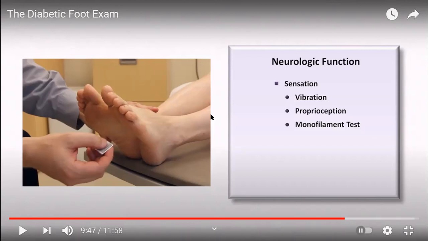They are associated because they both affect a similar population and cause some of the same complications, but this has led to some confusion around the definitions of diabetic neuropathy and peripheral arterial disease.